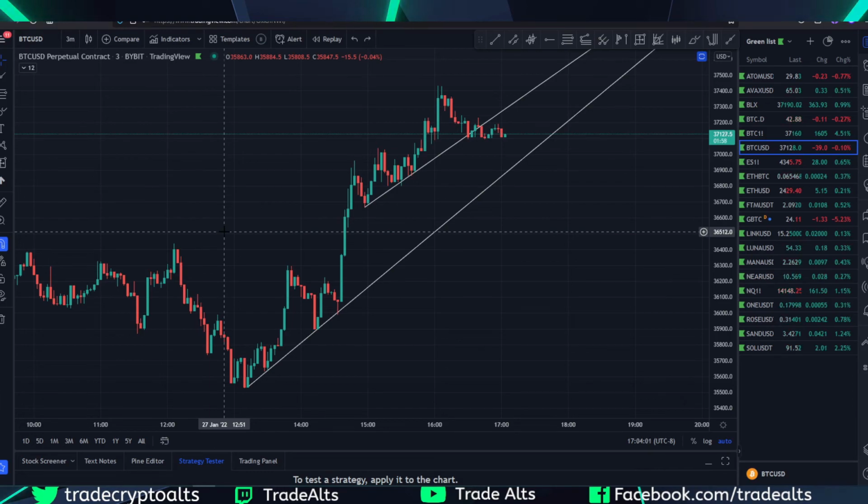Like I showed you earlier when we were breaking that multi-month range high and having that confluence. Once that broke to the upside, it was clear and definitive that the trend is not only broken, but you're probably going to see really good follow through.